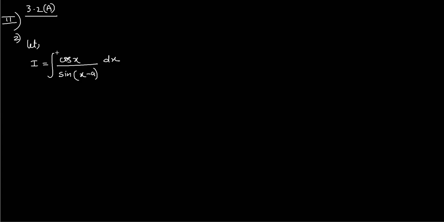In this you notice that the numerator has cos, the denominator has sine, and the angles of numerator and denominator are not the same. You have cos of x here, but in the denominator you have the angle as x minus a.